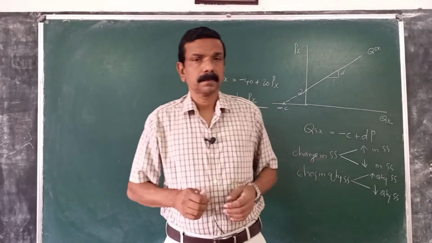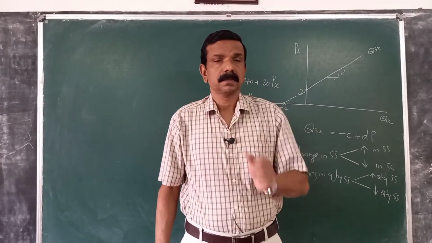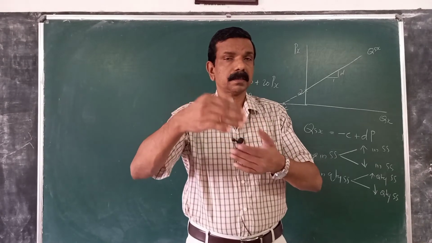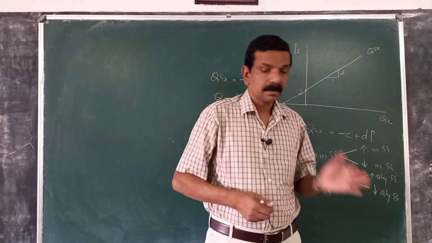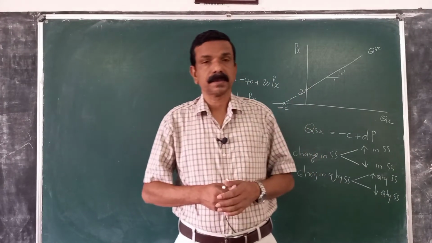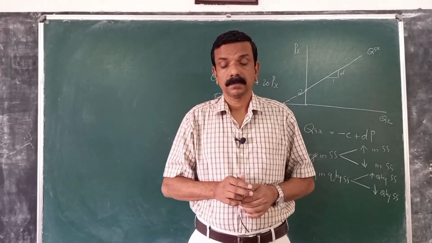Remember this, change in supply is shown as a shift in the supply curve to the right or to the left, whereas change in quantity supplied results from a change in price. It is a movement along the same supply curve.